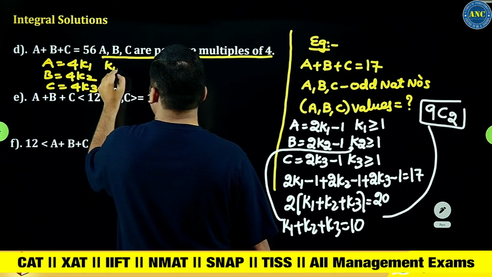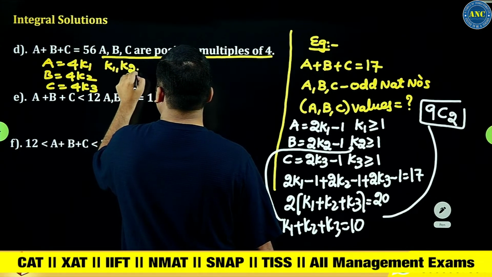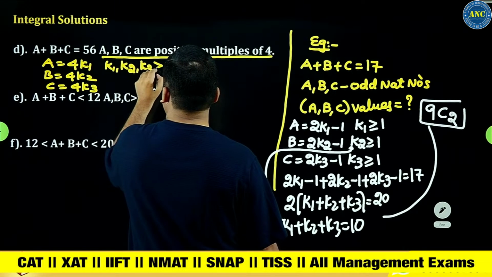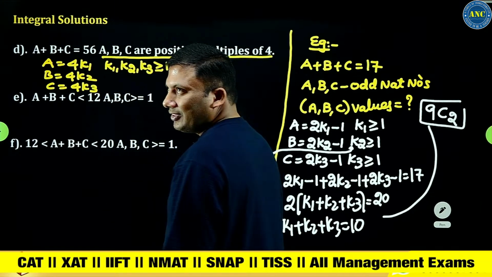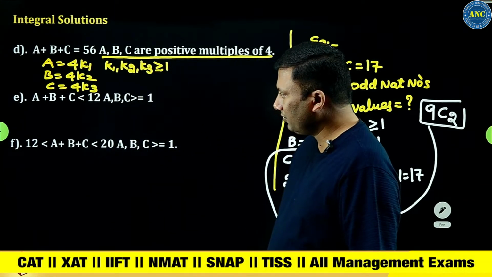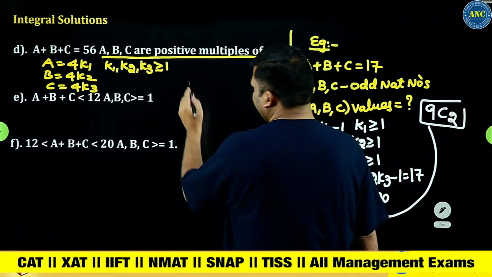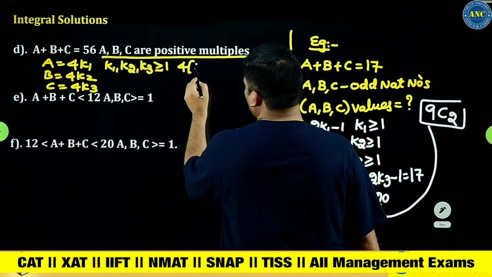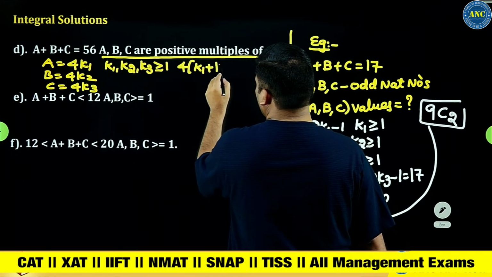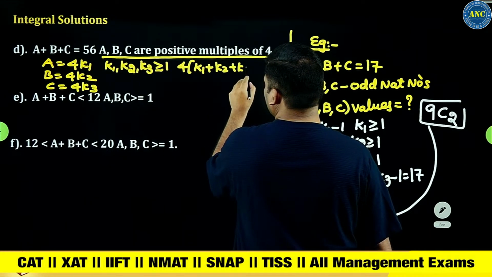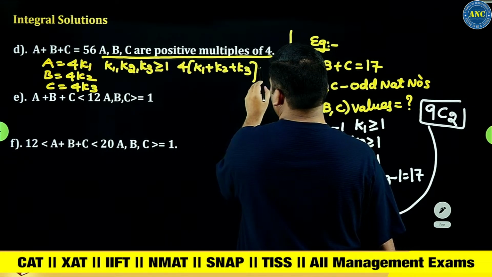Since it is positive, all are starting with 1. So this will be 4 into (k1 + k2 + k3) = 56.